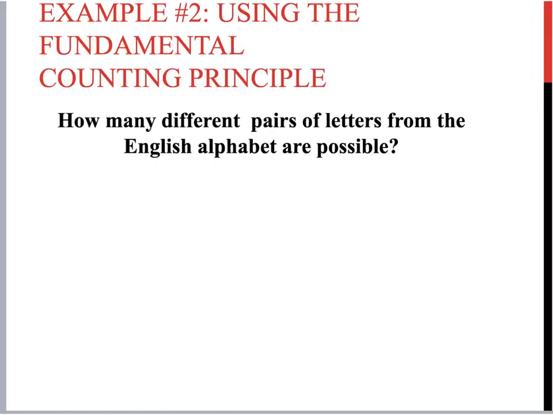So in example 2, we're supposed to use the fundamental counting principle. It says how many different pairs of letters from the English alphabet are possible. So if I have a pair, that's the first letter and the second letter.